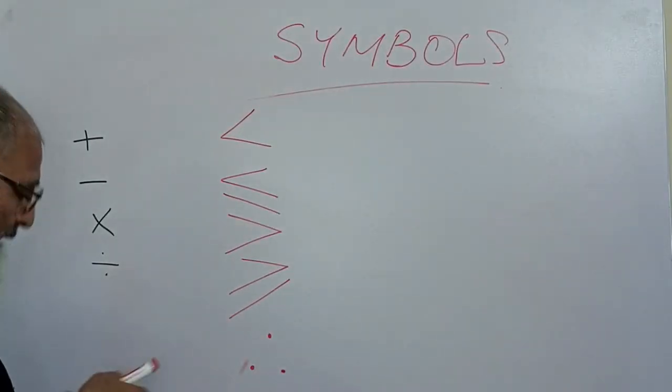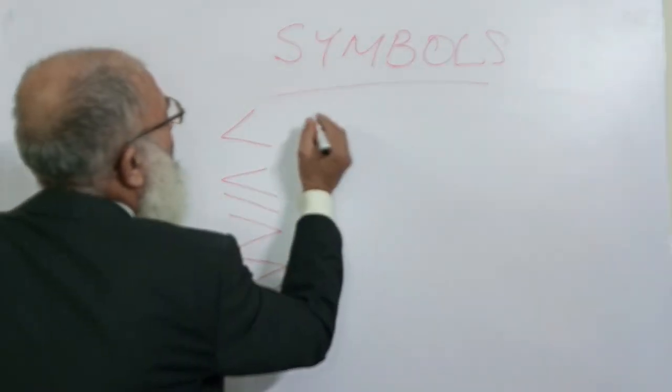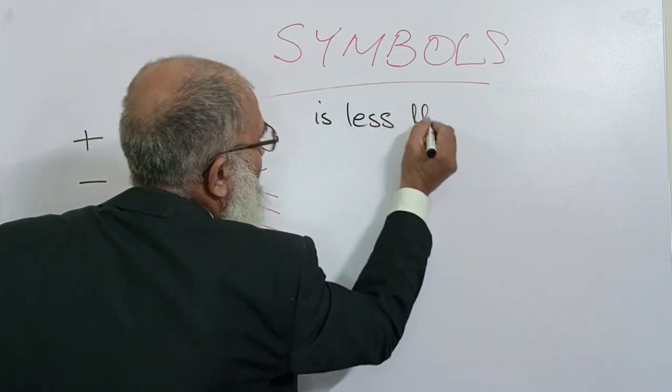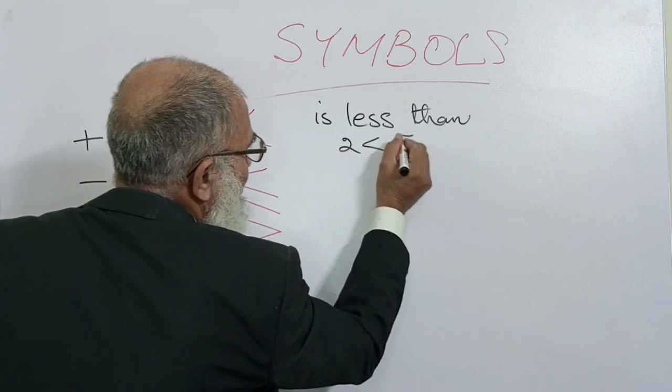So for example, first I'll write is less than, this 2 is less than 5.